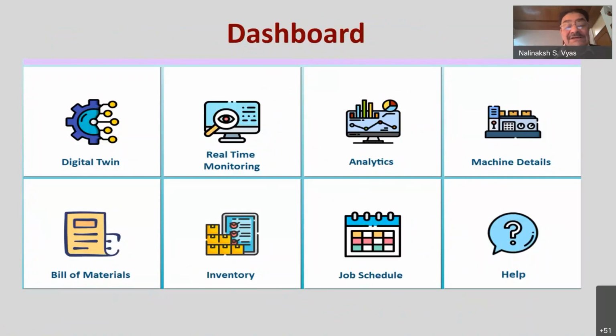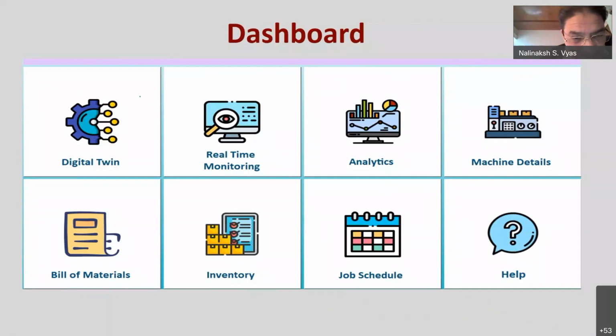Now, this is the dashboard, and I would not give you a live demonstration at the moment. Let me see if I can give you. When I press this, live demonstration will take a lot of time.